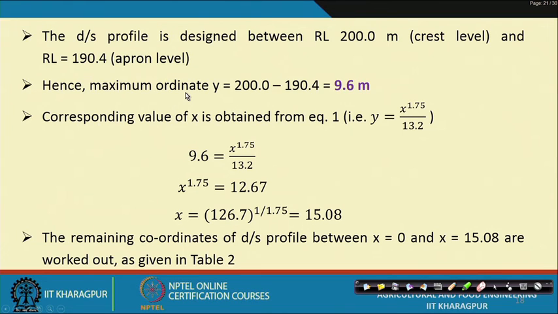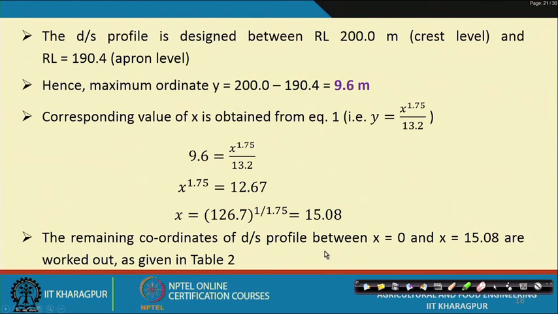Hence, the maximum ordinate y is the subtraction between 200 and 190.4, which comes out to be 9.6 meter. Since we are calculating the profile, we plug everything into this equation, which we calculated earlier. So, x comes out to be 15.08.